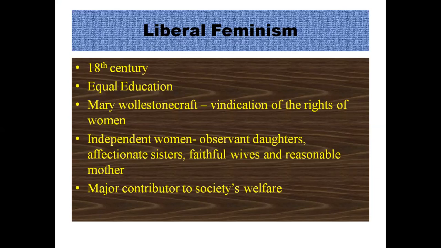She talks about equal education, but she neglects the women's suffrage movement as a waste of time. She argued that well-educated women did not need to be economically self-sufficient or politically active in order to be autonomous.